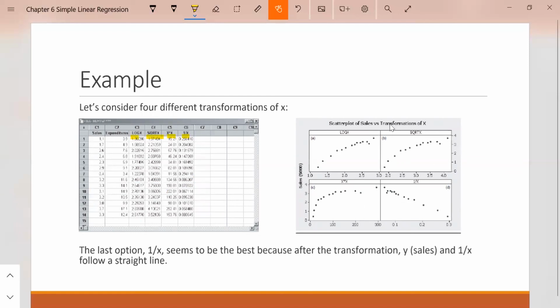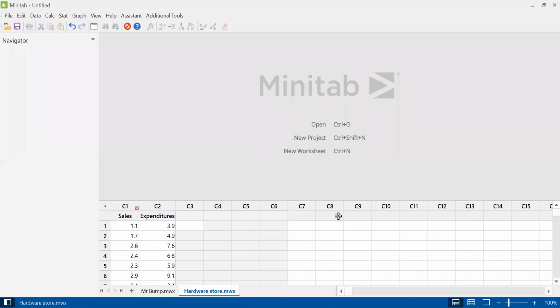For this simple example, clearly, the last transformation gives us the best result, which is 1 over x. So that will be the one we go with for our further analysis. Therefore, right now, I would like to move to Minitab and show you how we get the fitted line plot as well as the transformation, and then we will carry out the regression analysis formally.